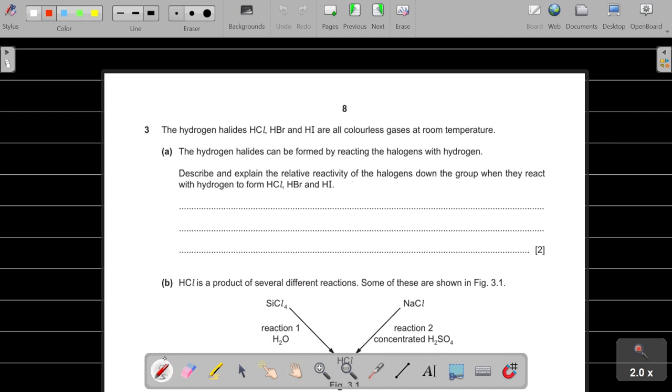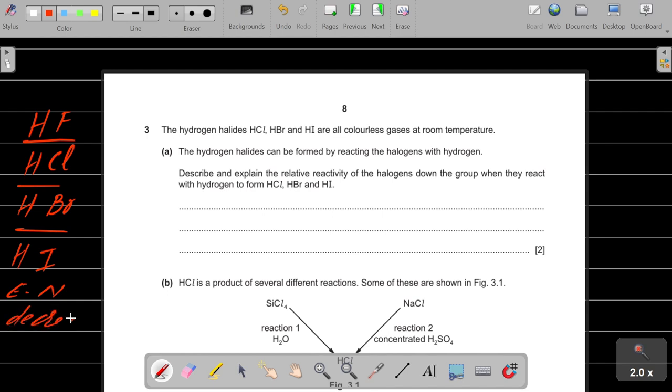If we have chlorine, bromine, iodine, electronegativity decreases down the group, okay. So when electronegativity decreases, their reactivity also decreases.